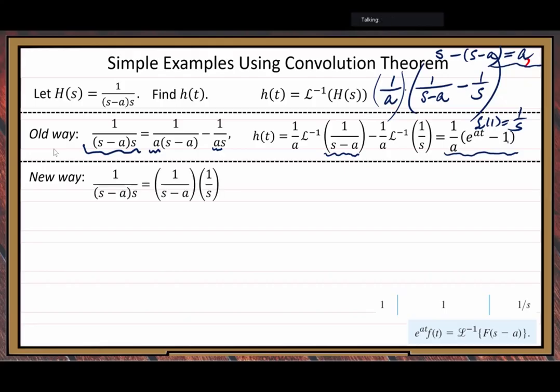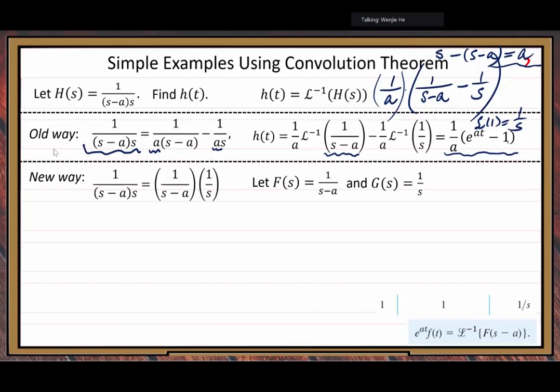So now, on the s side, we split it into product form. The first parenthesis corresponds to the f function, the second to the g function. Capital F equals the first parenthesis, capital G the second parenthesis.